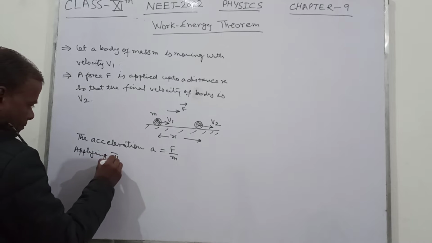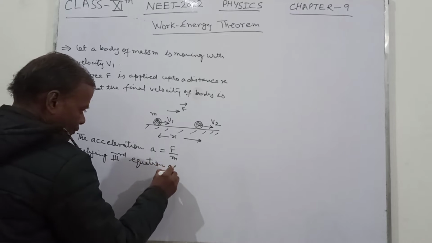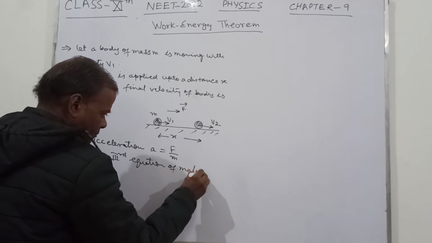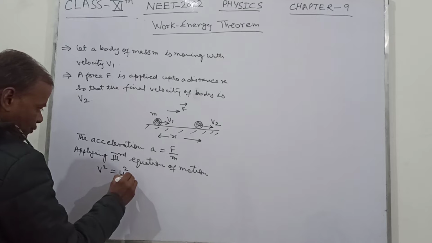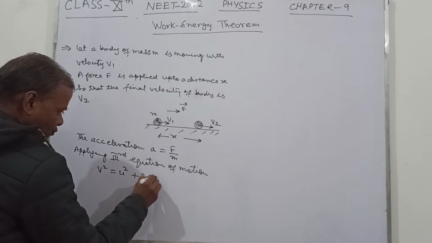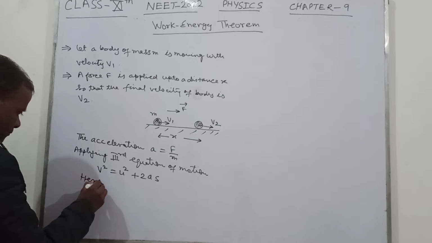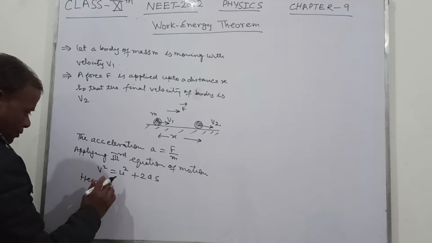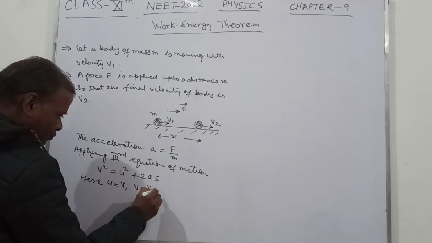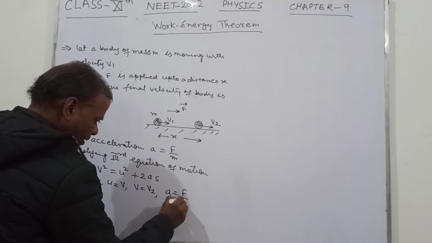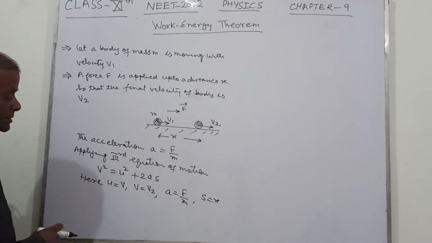Applying the third equation of motion, this is equal to v square equal to u square plus 2as. Now here what we have? This u equal to v1 and v equal to v2, a equal to F upon m, and this s equal to x, this distance x.